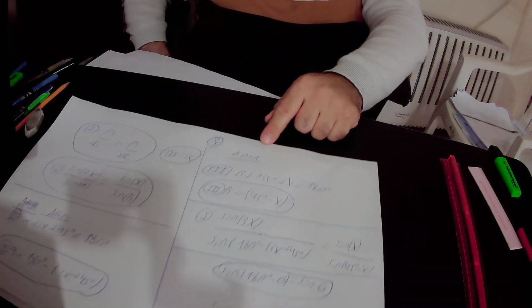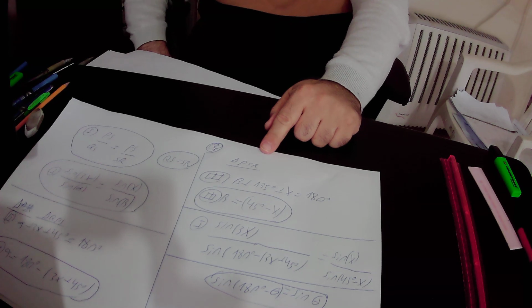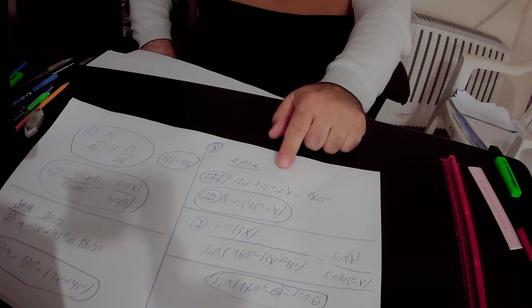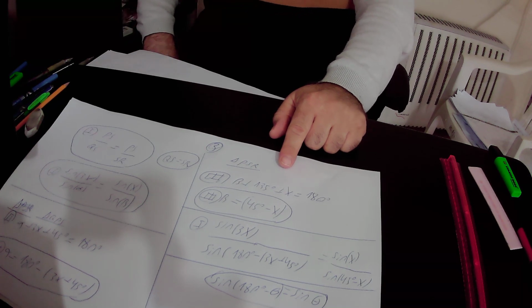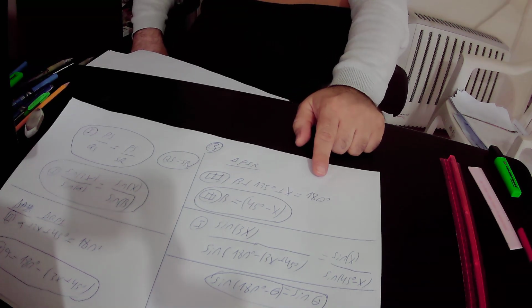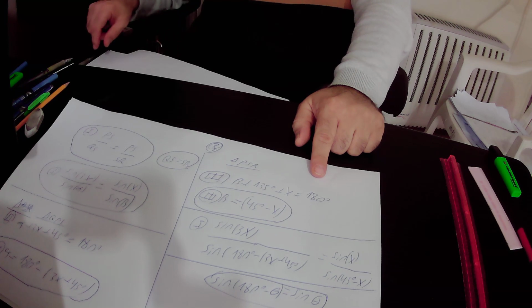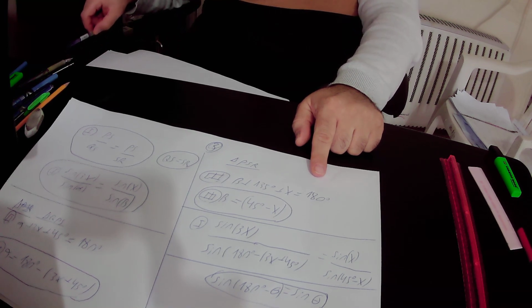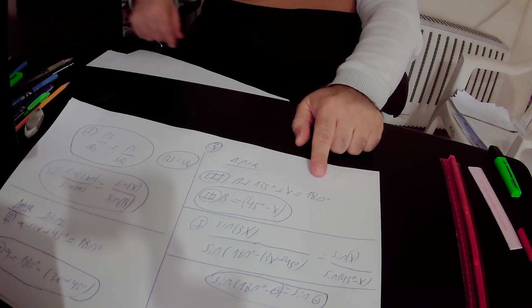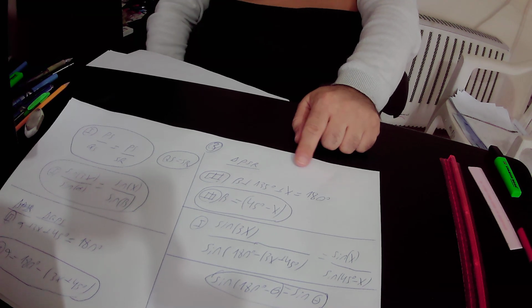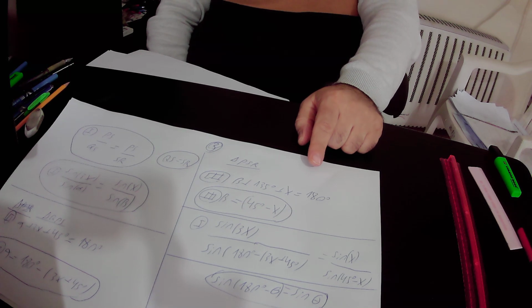Then in triangle PSR, beta plus 125 degrees plus x must equal 180 degrees. Here we subtracted 125 degrees and x from equation number 3, and we got that angle beta equals 45 degrees minus x.